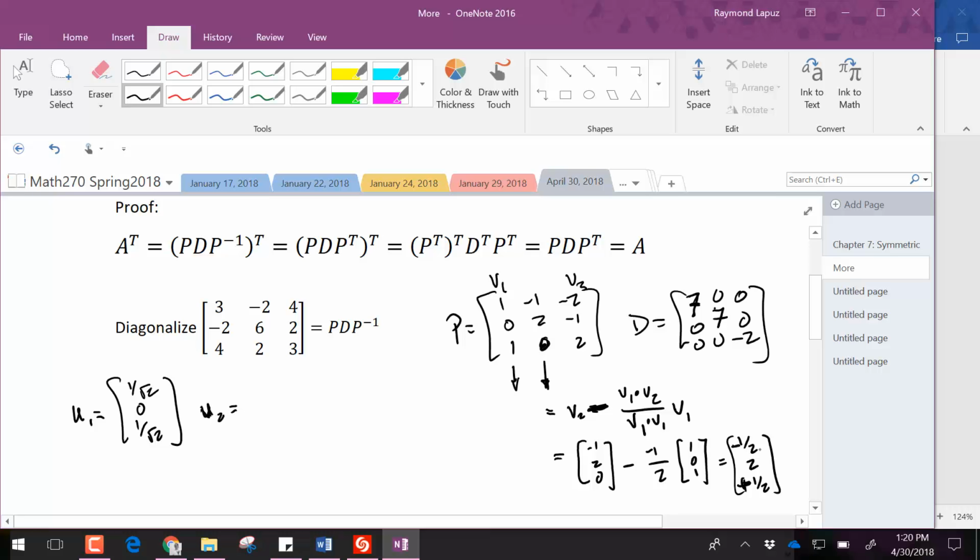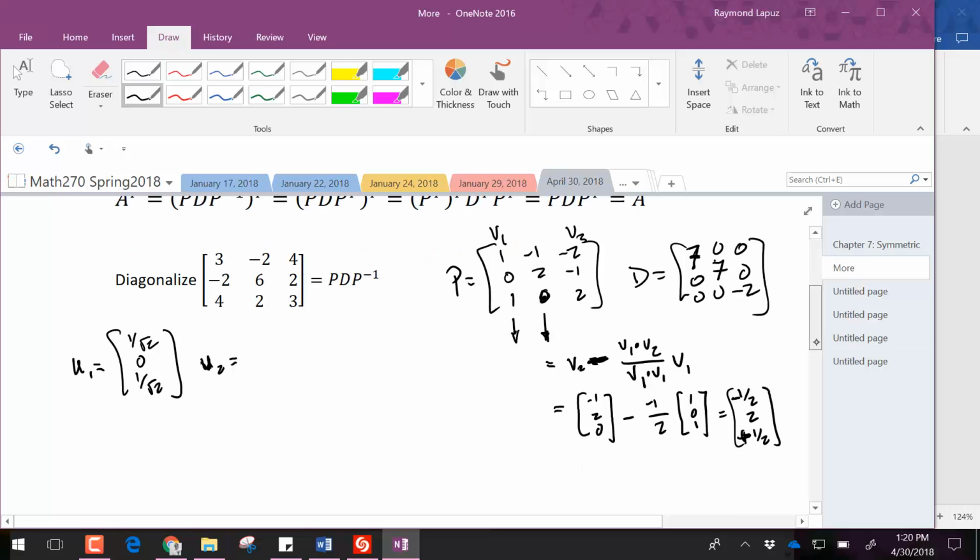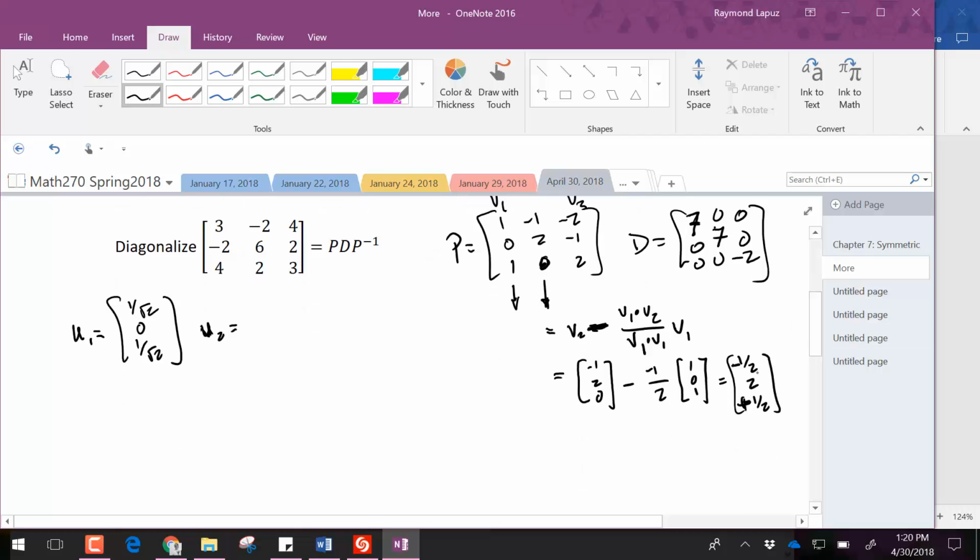Now we need the magnitude of this. Maybe we can scale this. What happens if we multiply everything by 2? So this is negative 1, 4, and positive 1, right?